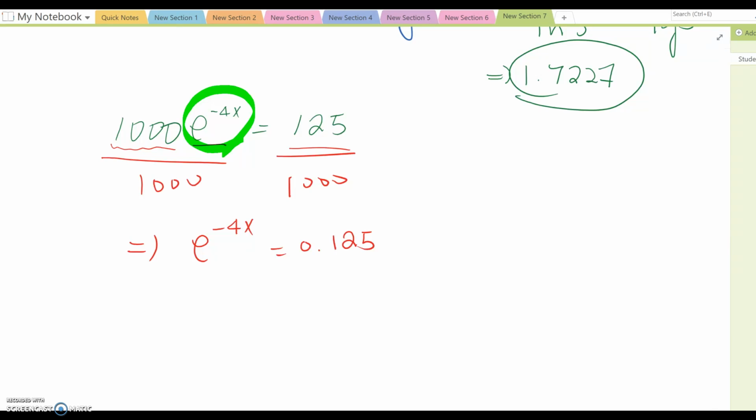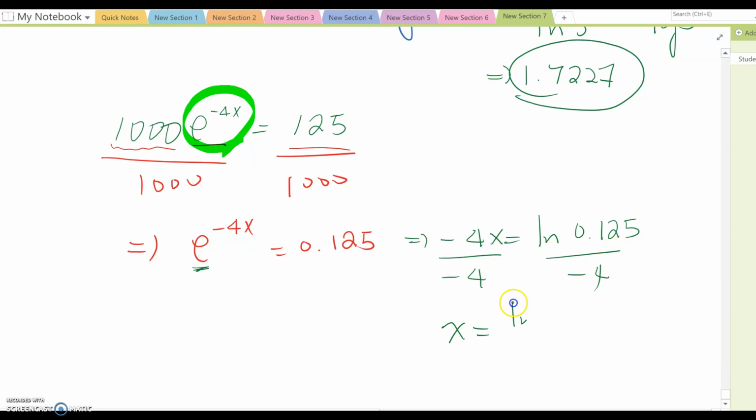Because the base is e, you can rewrite this as negative 4x equal to ln 0.125, and later you divide by negative 4, then x equal to ln 0.125 over negative 4.